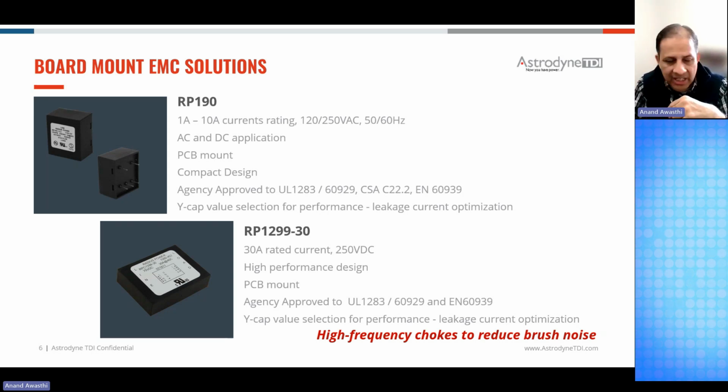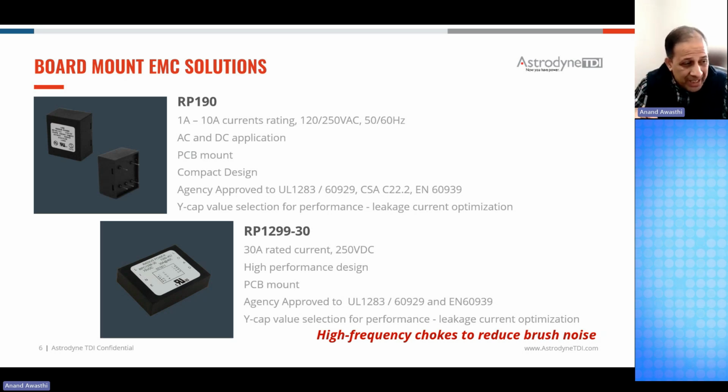So you can say RP190-10. After that, we allow our customers to pick the Y capacitor value. On our part number selection table, there is a column for Y caps, and it lists, let's say, 0, 0.1, 0.47, 1, 2.2, 4.7, maybe 10.